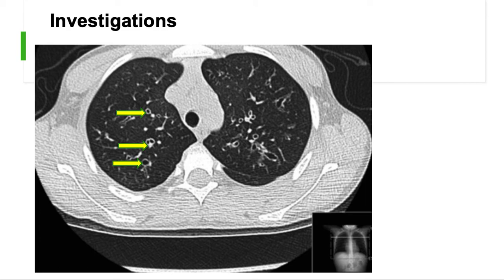Subsequent genetic testing confirmed a cystic fibrosis mutation, and an exon 14B deletion was present. Lung function tests at the time of diagnosis revealed a forced vital capacity of 73% predicted and a forced expiratory volume in 1 second of 54% predicted. There was also evidence of pancreatic insufficiency due to his low elastase level.